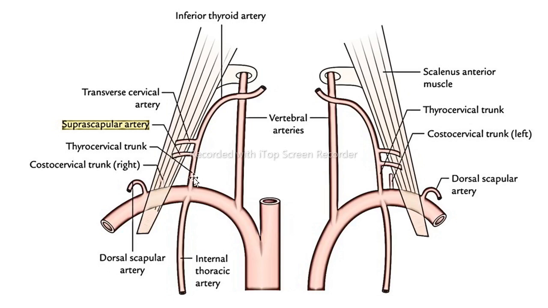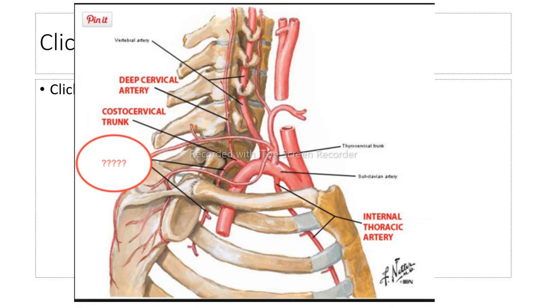From the thyrocervical trunk we can see the superficial cervical or transverse cervical artery, and the suprascapular artery. From the costocervical trunk arises the deep cervical artery and the superior intercostal artery, which supplies the intercostal muscle.